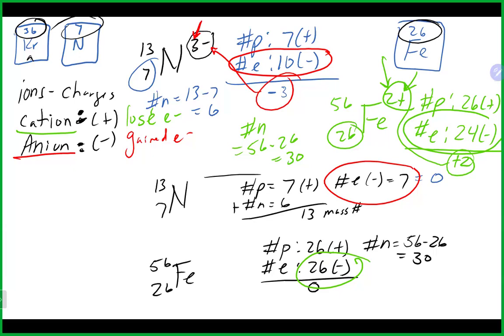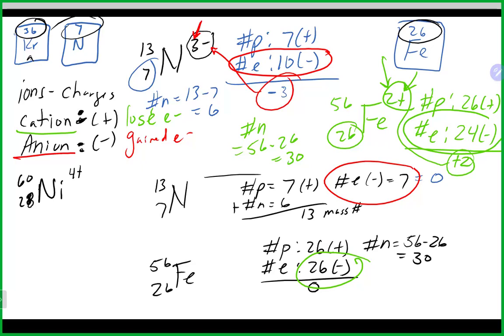Let's say we had nickel-60, atomic number 28, and a +4 charge. So how many protons, electrons, and neutrons does it have?